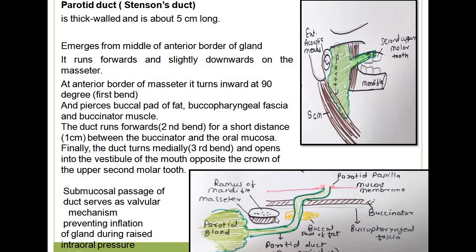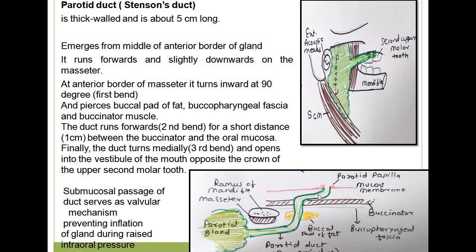At the anterior border of masseter, it turns at right angle and pierces first the buccal pad of fat, then this buccopharyngeal fascia, then it also pierces buccinator muscle. So this is first bend. The second bend, after this piercing this buccinator muscle, it will run between the buccinator and oral mucosa.